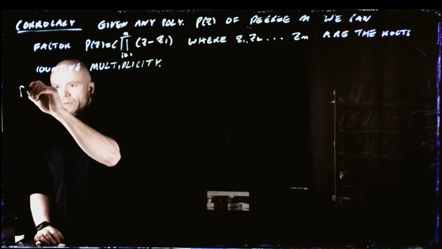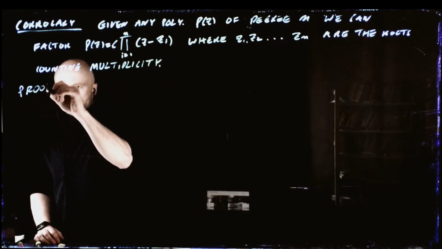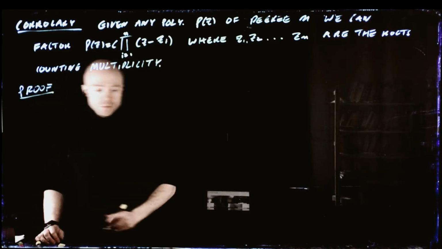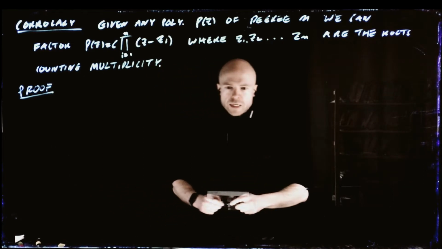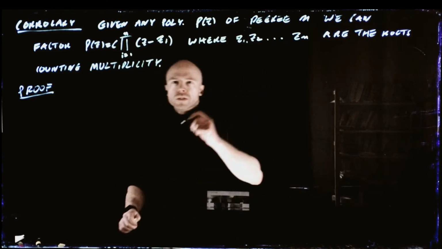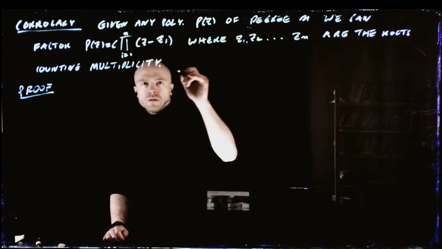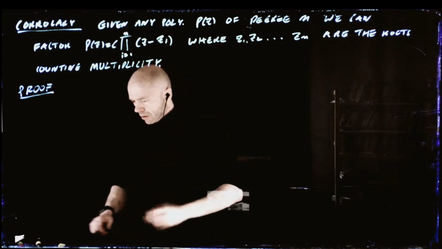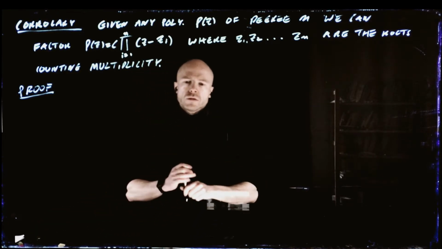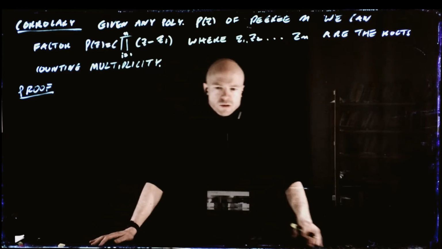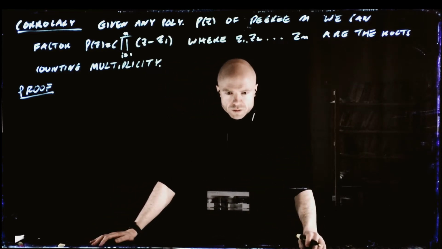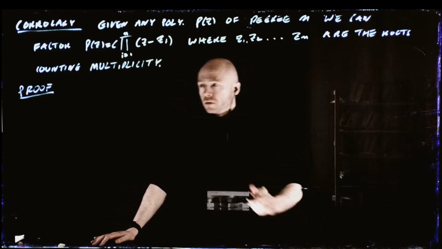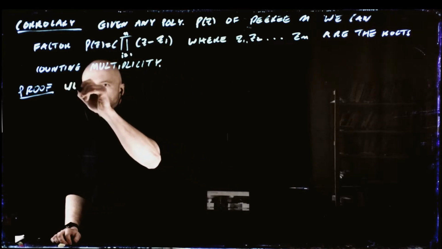Okay, proof. All right, so same deal. Let's try and prove it together. How do we begin to prove this? What do we know already? We know it has one root. Yeah? We know for sure it has one root.